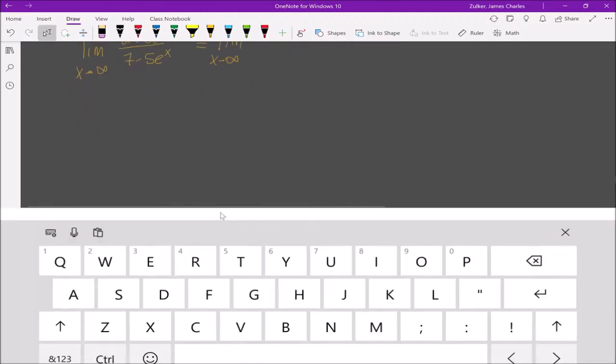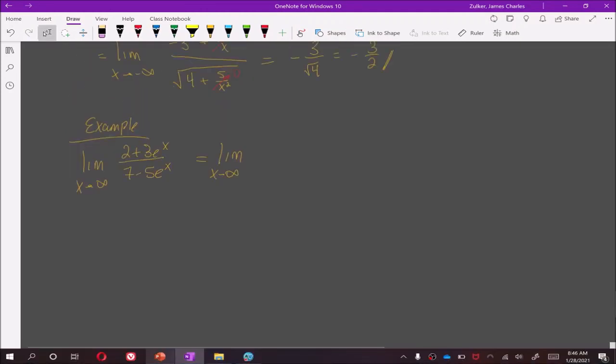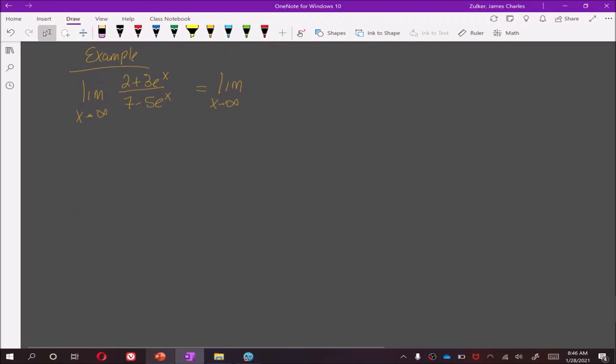Well, the largest term in the denominator is this e to the x. So we're going to divide everything by it, so we get 2 over e to the x plus 3e to the x over e to the x, divided by 7 over e to the x minus 5e to the x over e to the x.